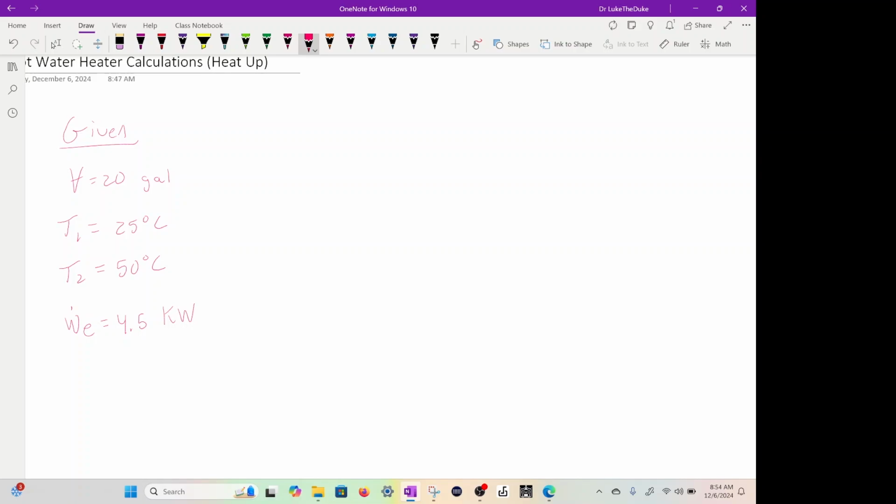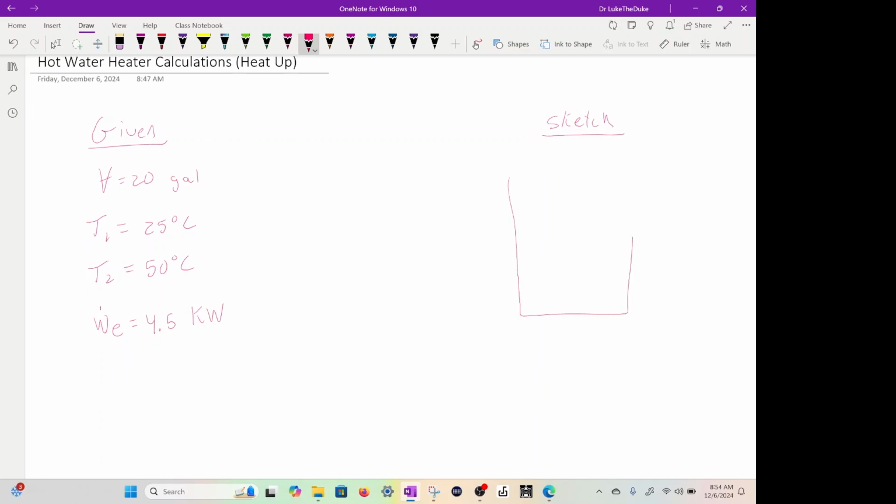Okay, so we've got a 20-gallon tank. It starts off at 25 degrees C. We're going to heat it up to 50. We have electric power of 4.5 kilowatts. How long is this hot water heater going to take to heat up? All right, so here's our electric power in.